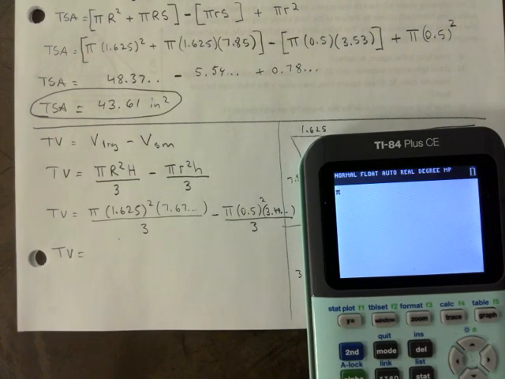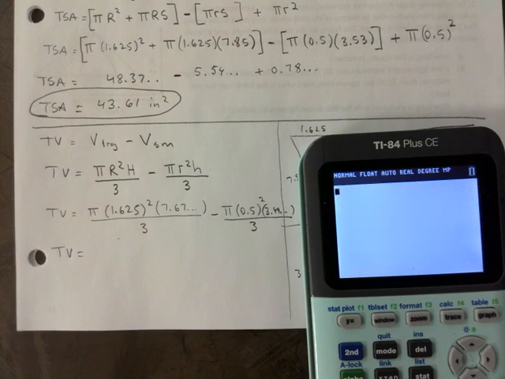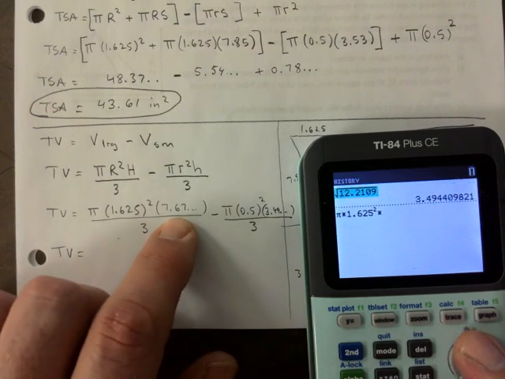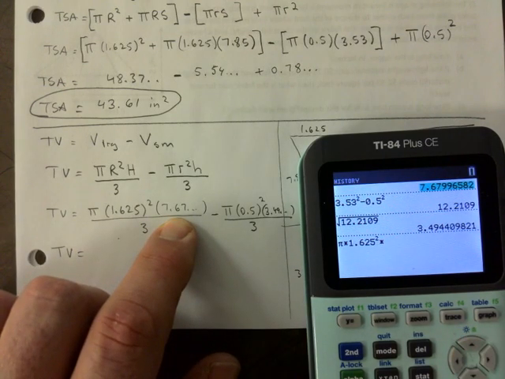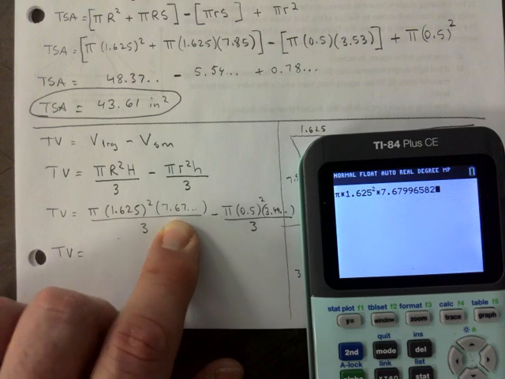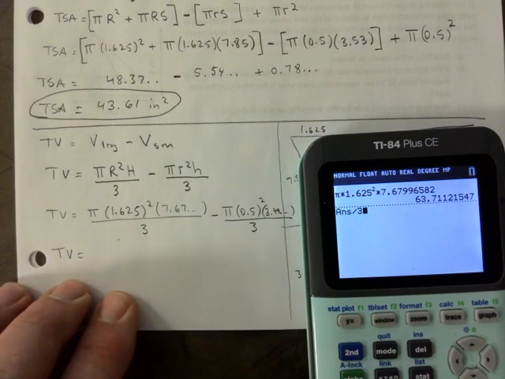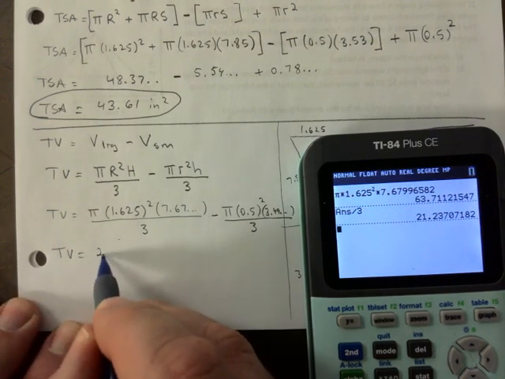Okay, so here we go. I need to go find that height. There it is. Just plug it in. Divide by 3.